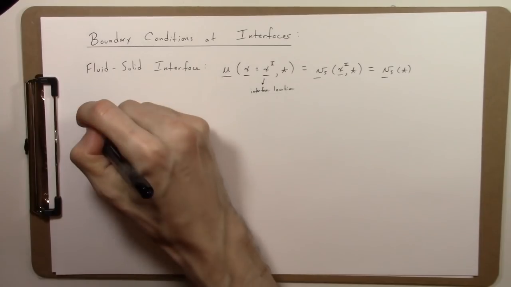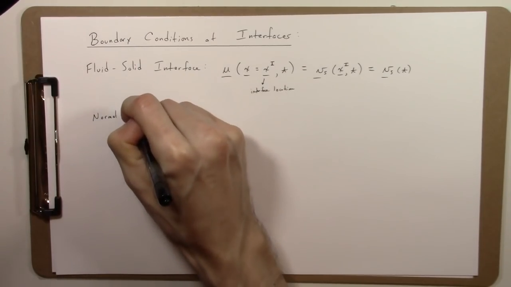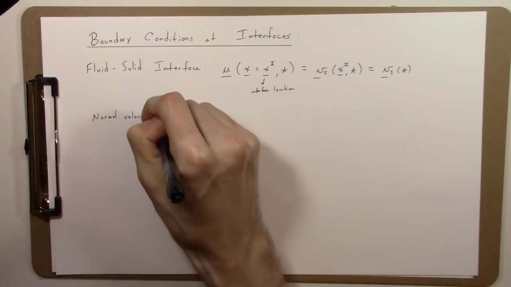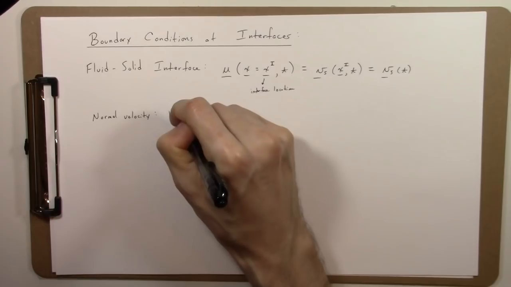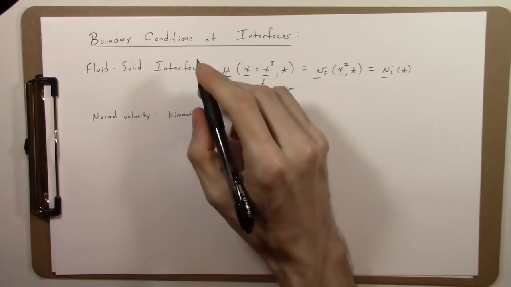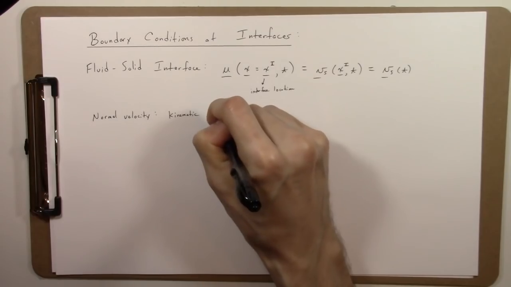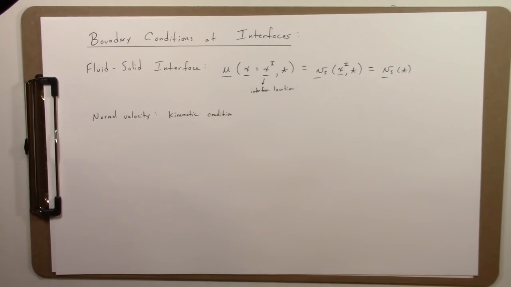So for the normal velocity, this gives us what's known as the kinematic condition, or the condition of kinematic compatibility, that we already introduced earlier in the course.